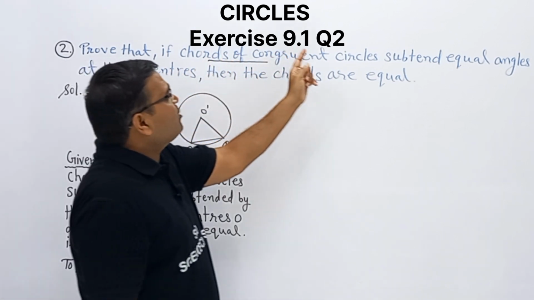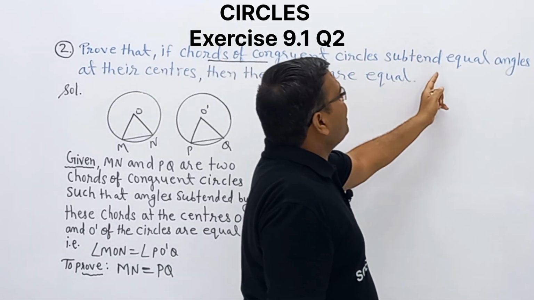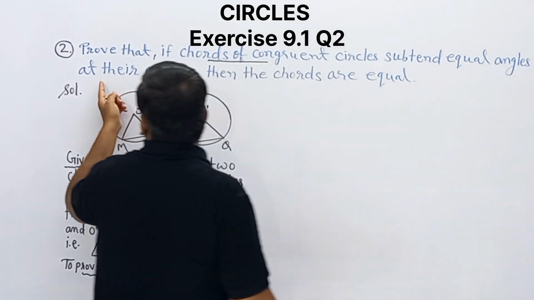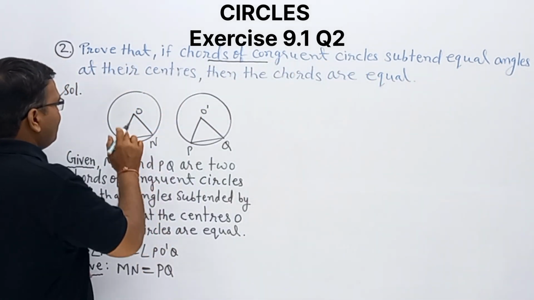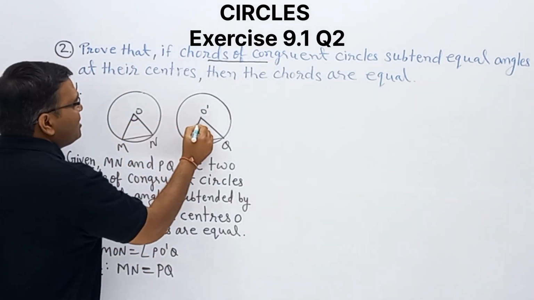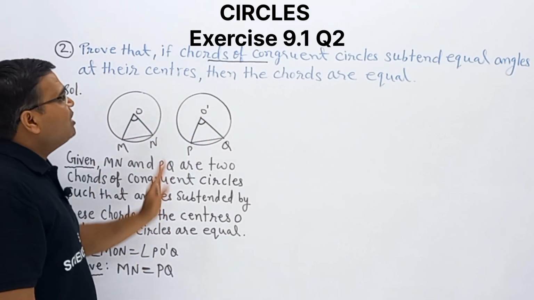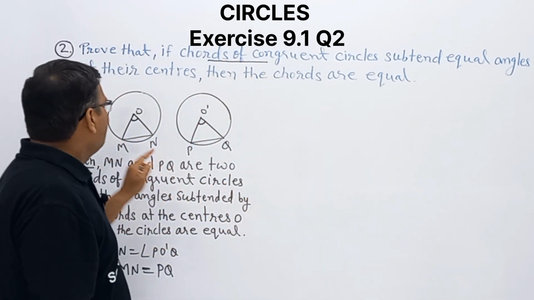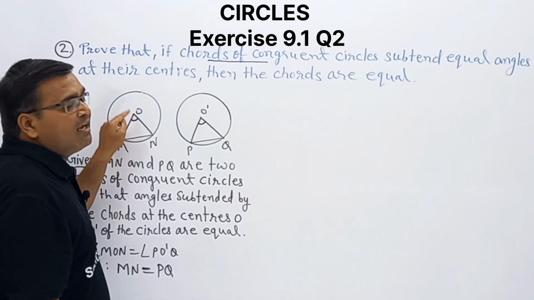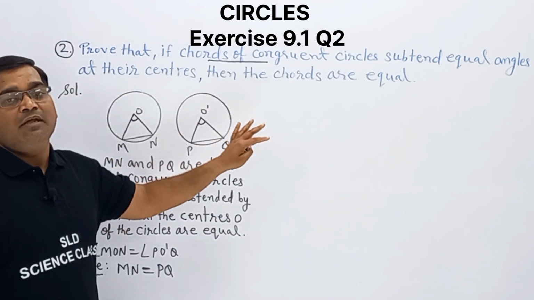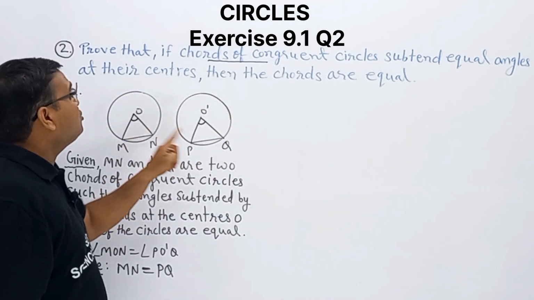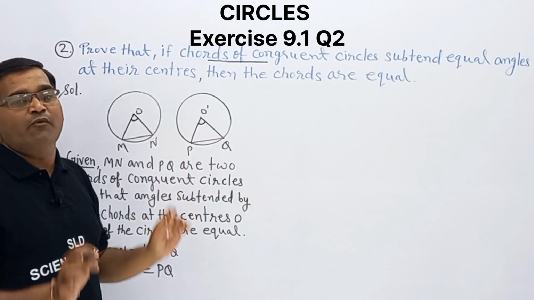If chords of congruent circles subtend equal angles at their centers, this angle and this angle are both equal. This thing we are having in this question. Then the chords are equal. The angle subtended at the center is equal, then these chords are equal. This thing we want to prove.